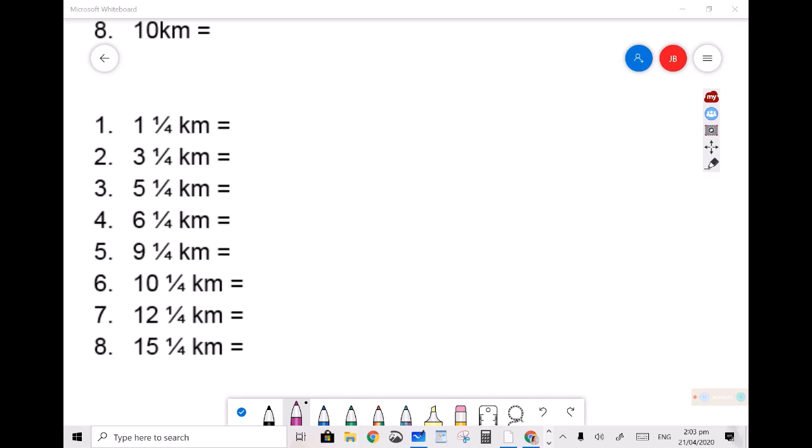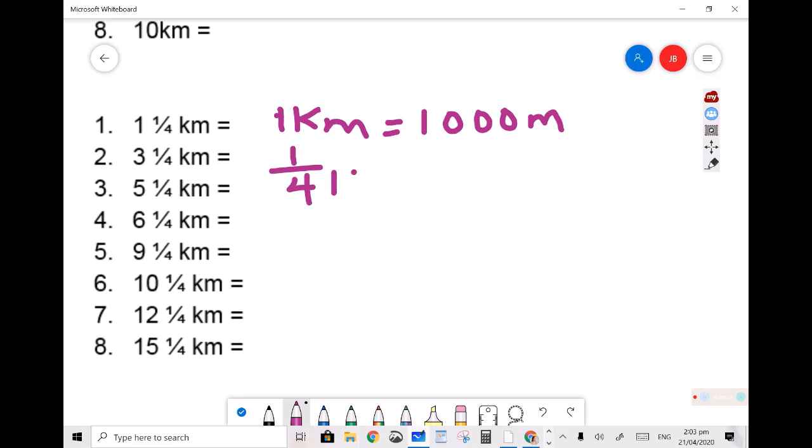Our first example would be 1 1/4. So 1 kilometer is equal to 1,000 meters, and a quarter kilometer is equal to 250 meters.